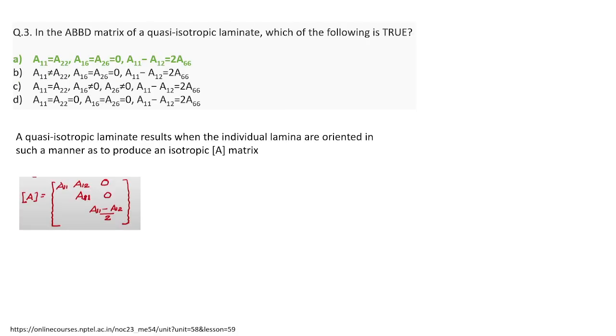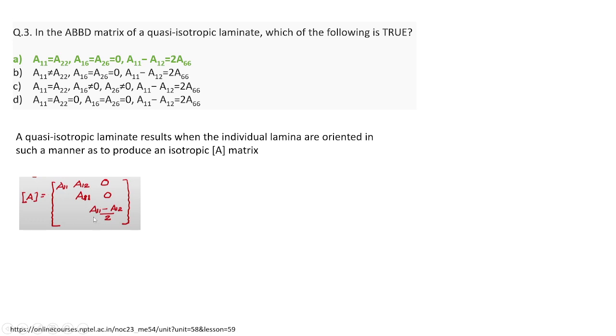Next is, in the ABBD matrix of a quasi-isotropic laminate, which of the following is true? A quasi-isotropic laminate results when the individual laminas are oriented in such a manner that they produce an isotropic matrix. So the orientations of the laminas combine in a manner that the whole matrix of that laminate will be isotropic. Now for isotropic, the matrix is such that A11 is equal to A22.